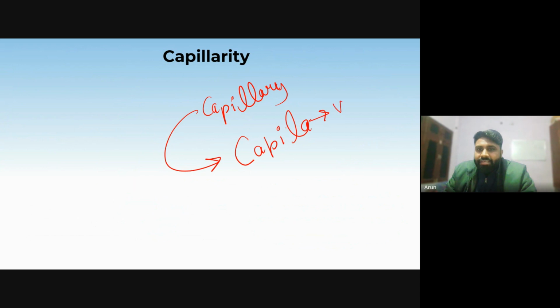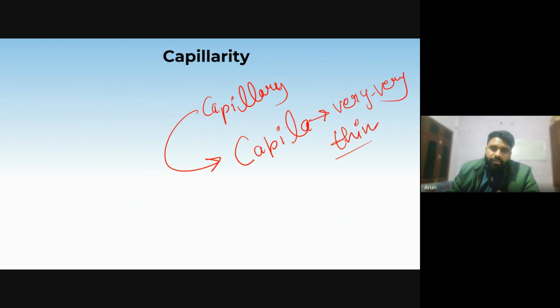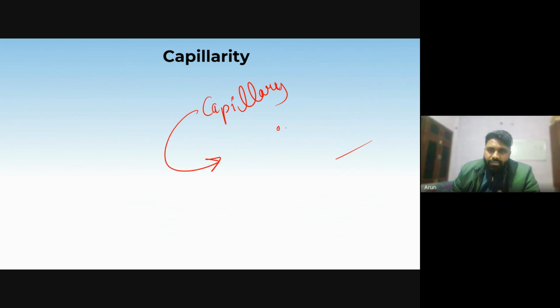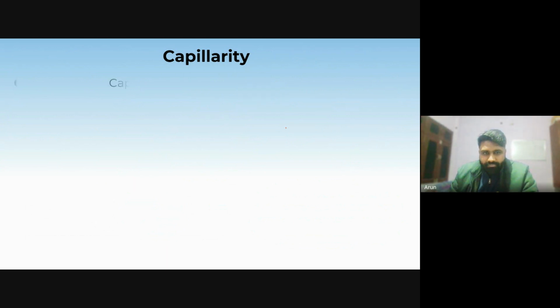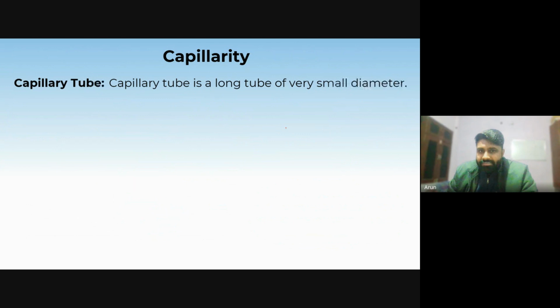Capilla means very, very thin. So remember this: it is a very, very thin tube that we have considered. A capillary tube is a very long tube with a very small diameter. It is as thin as your hair. One of your hairs you can consider as a capillary tube. Got it?